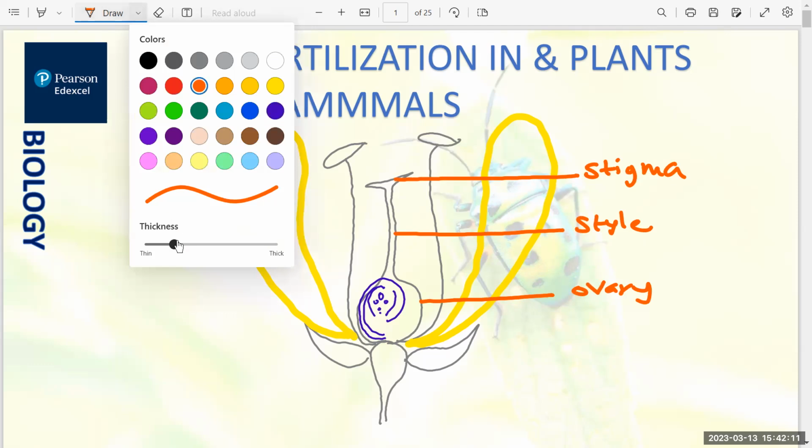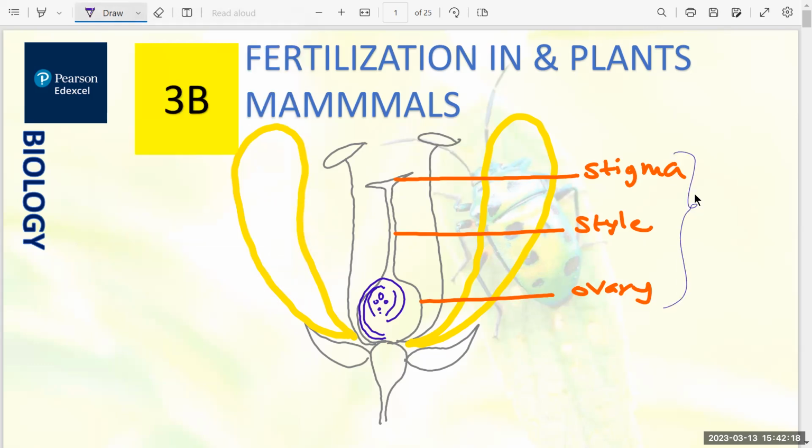So these three, stigma, style, and ovary, represent the female side of the flower. The female side is also called carpel.